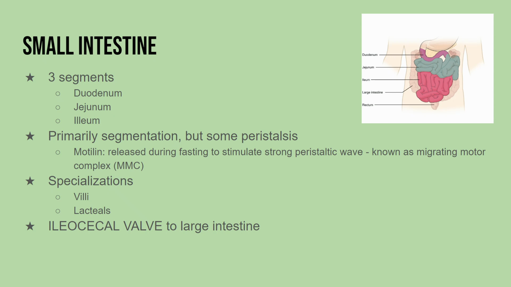And now we're in the small intestine, and there are 3 segments. The duodenum is first, then the jejunum, and then the ileum. Here we have primarily segmentation to get us through that windy tube, but there's also some peristalsis.